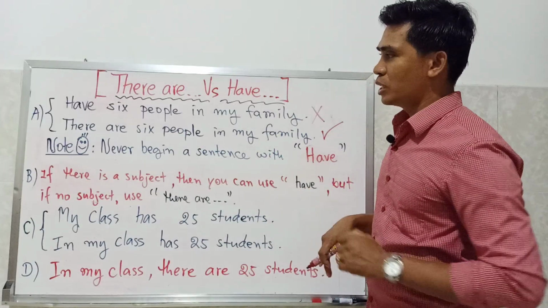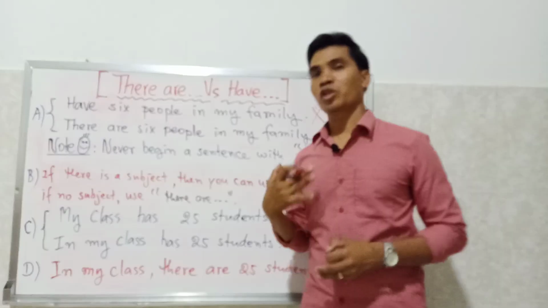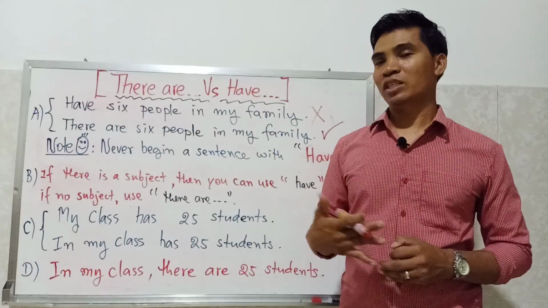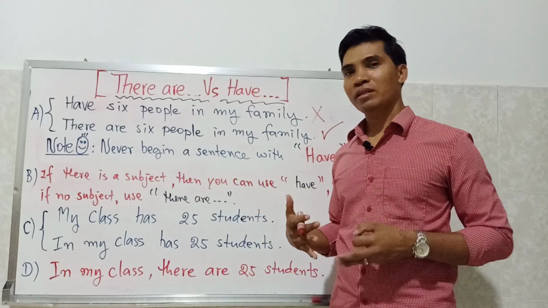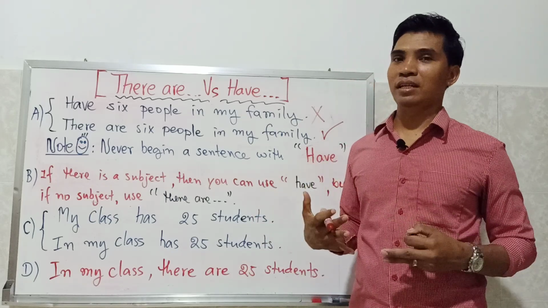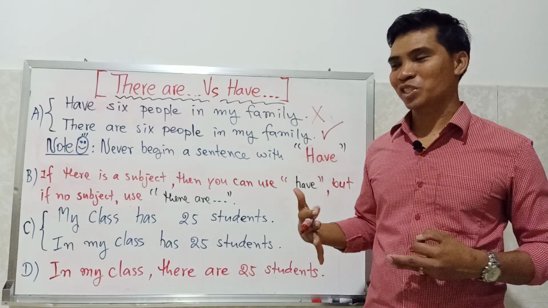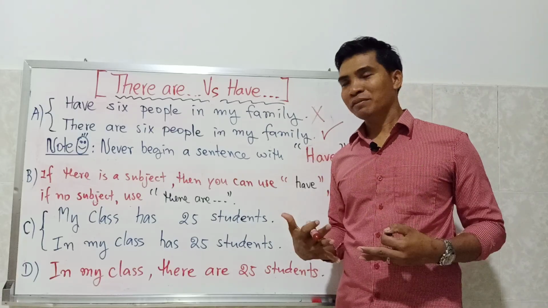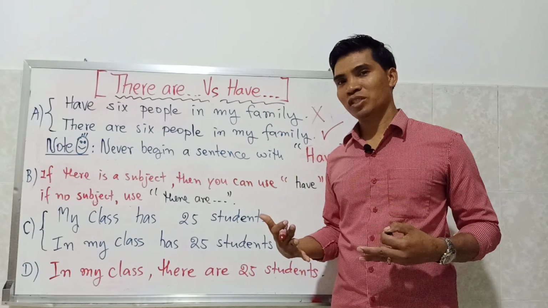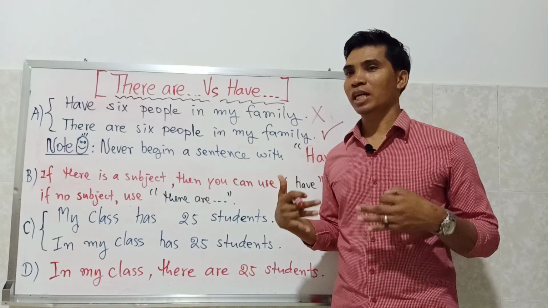This is a very special note that you have to take into account. From now on, never start a sentence with "have" in English. When you start with "have," that is wrong English.